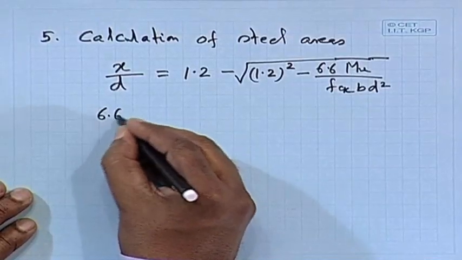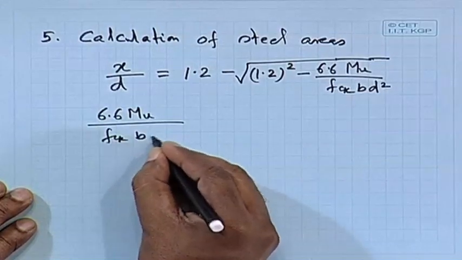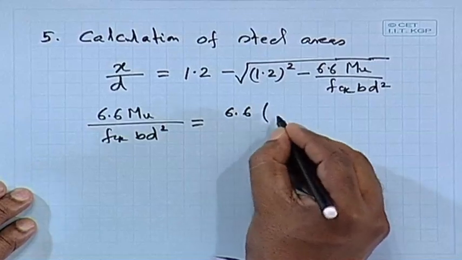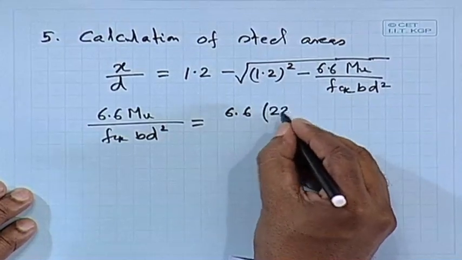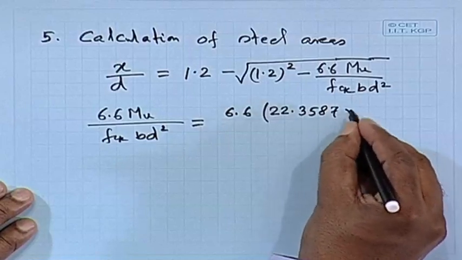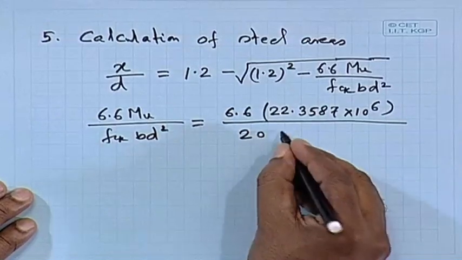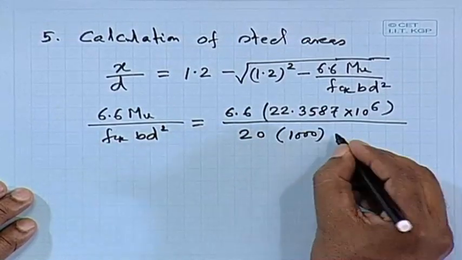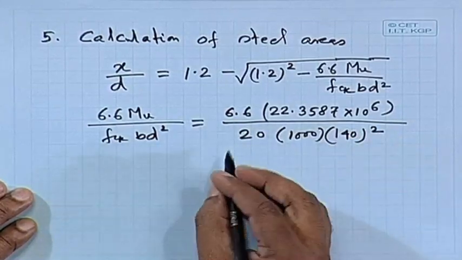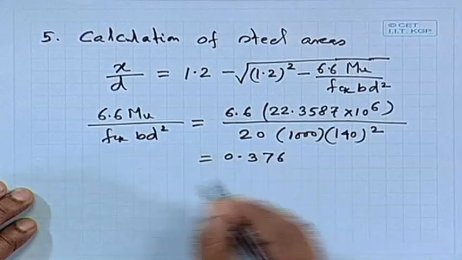So, 6.6 Mu by fck b d square equals 6.6 times 22.3587 into 10 to the power 6 Newton millimeter divided by 20 times 1000 times 140 whole square, which comes as 0.376.